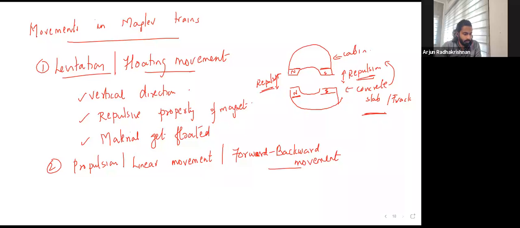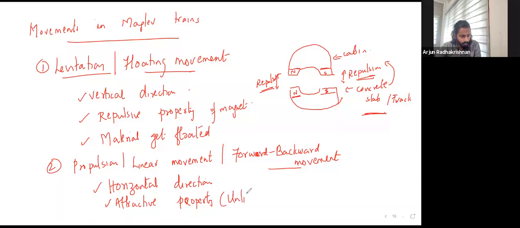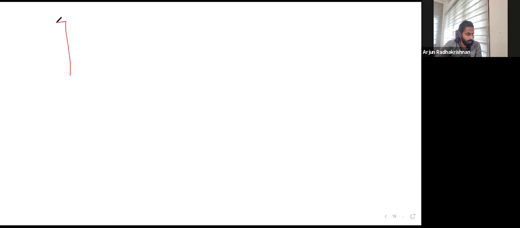So the magnet is mounted in horizontal direction, and it uses the attractive property, or we keep unlike poles nearby.